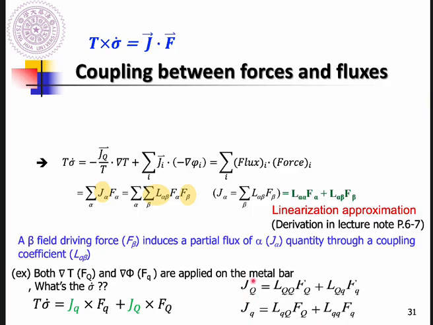express it like this. Heat flux is directly driven by F capital Q, and on the right-hand side are the driving forces contributing to the flux. So we write it as L capital Q capital Q times F capital Q. And because inside the system we do have F small q, F small q also contributes to the heat flux, so the coefficient is L capital Q small q.